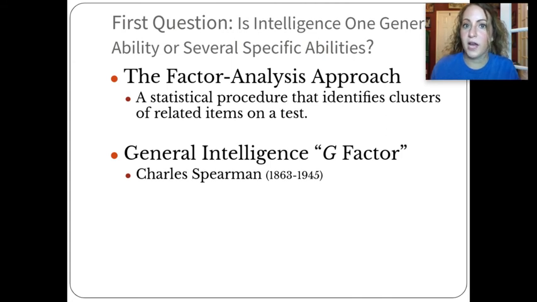He would be a strong believer that your IQ number tells you how smart you are, and that is your intelligence, because you either have it or you don't. He used a factor analysis approach, which, remember, is breaking tests up into subsections and seeing which parts people do well on and which parts they do poorly on.